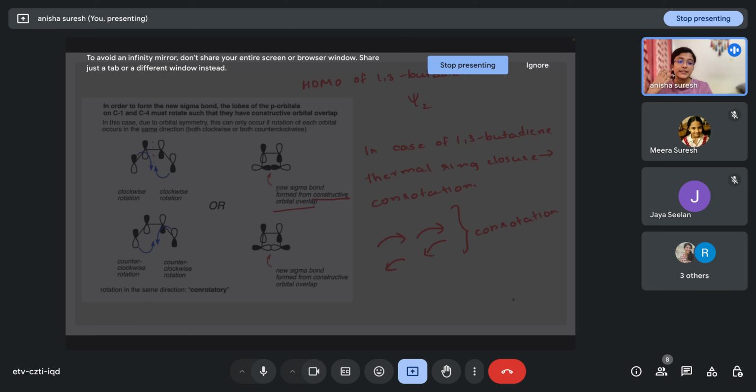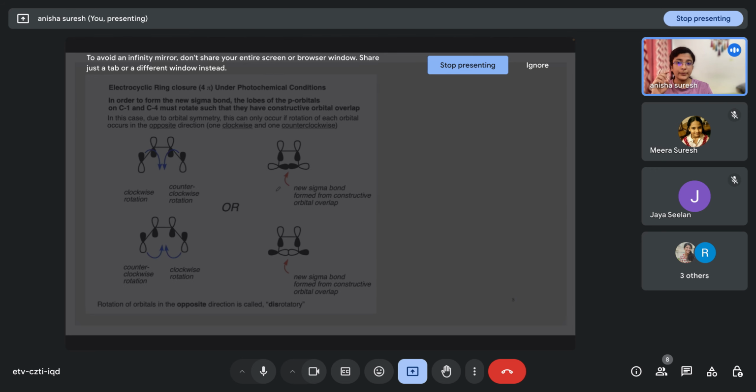now coming to the case of photochemical electrocyclic ring closure.